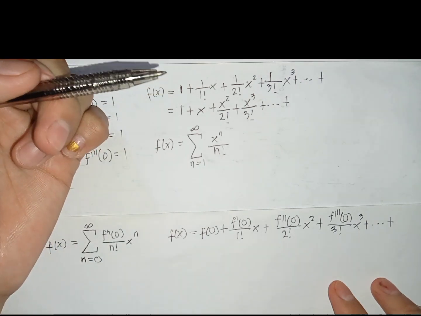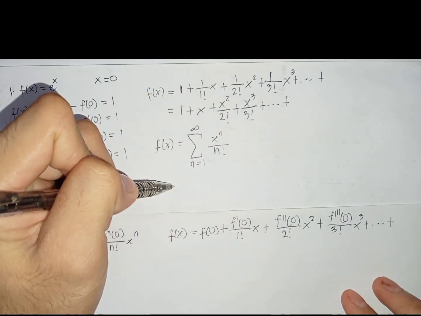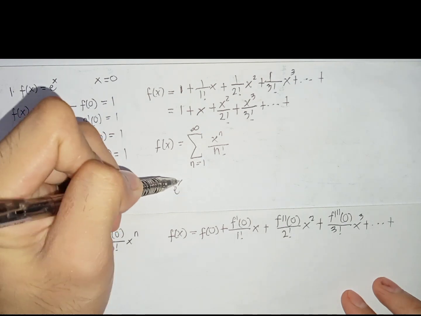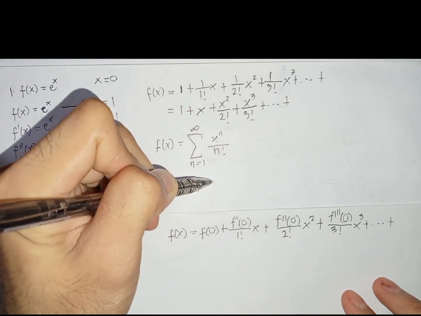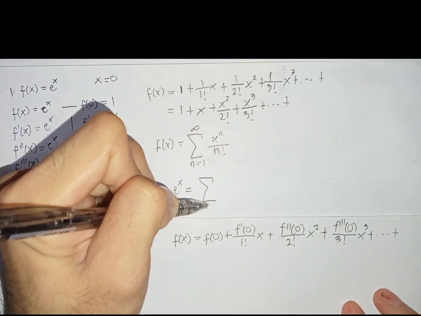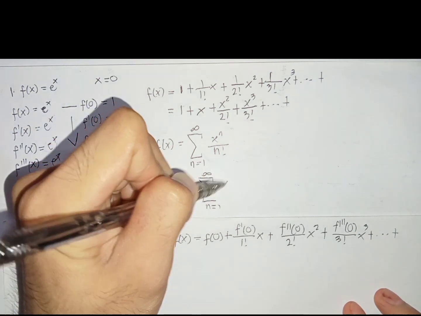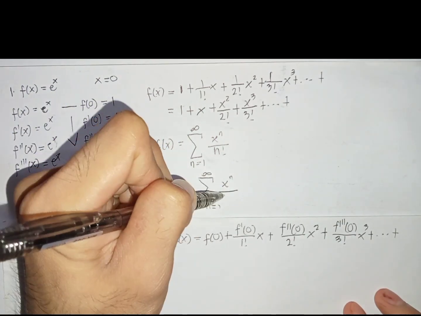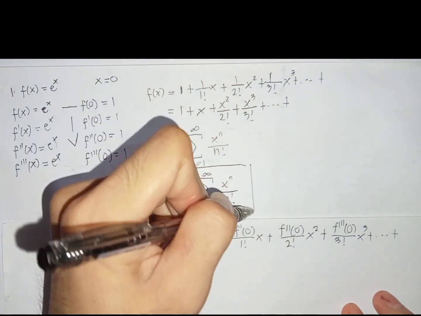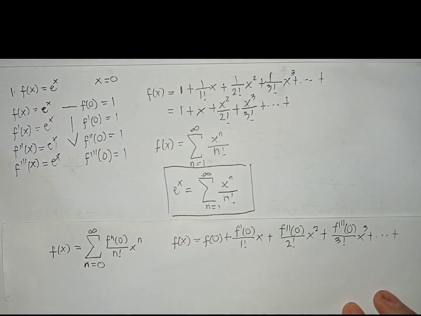So that's it. For the conclusion, we can say that f of x equals e raised to x has a Maclaurin series. To check, you can substitute n equals 1 to find that the second term is equal to x. So that's it.